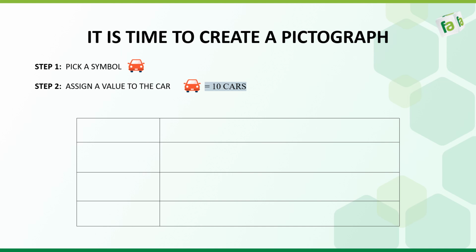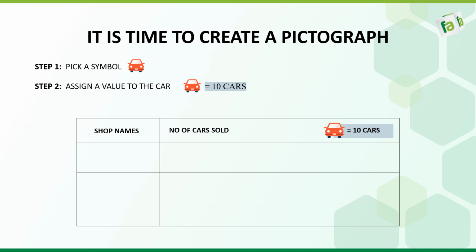Now you have to label the data. Labeling is a great way to organize the data and make it easier to understand. The first column will represent the heading, shop names. The second column will represent the heading, number of cars sold, along with the value of car.